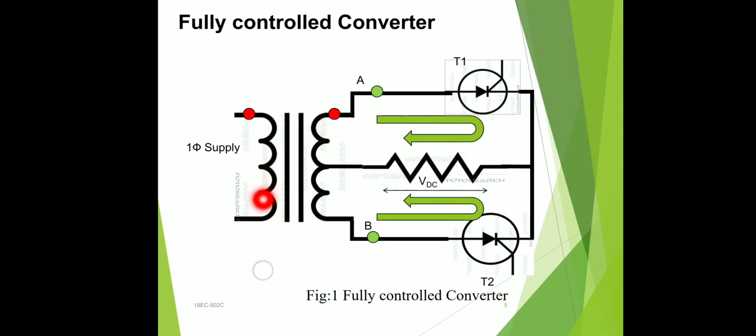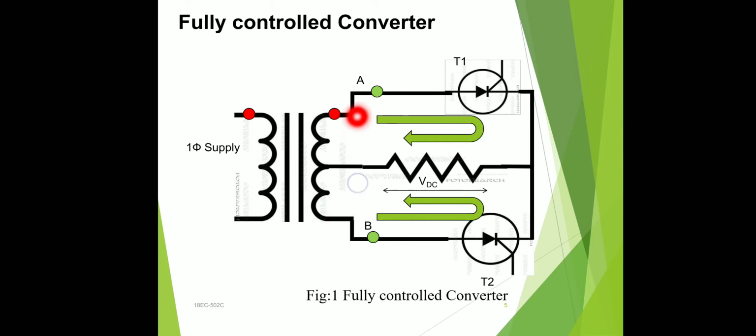We know the function of the center tap transformer. Say this is the primary of the transformer and this is the secondary. For the positive cycle, A is positive with respect to B in the center tap. Generally here it splits positive, negative and positive, negative.